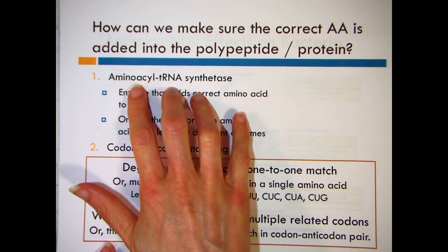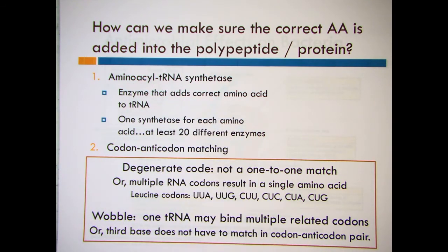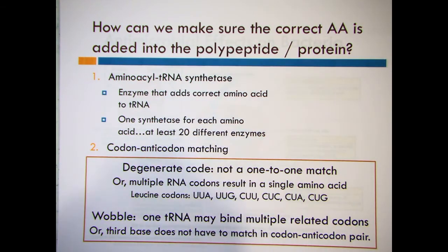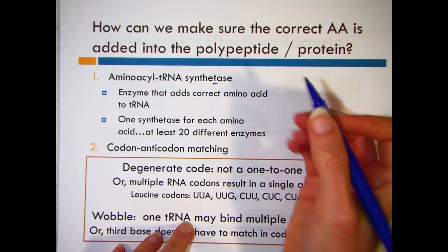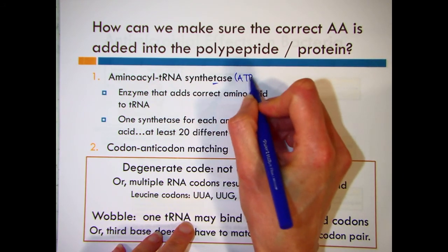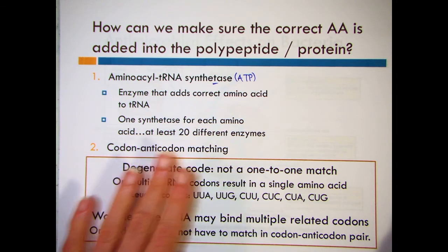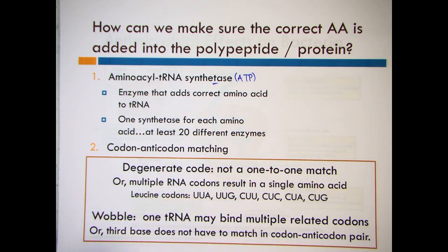The first is with the attaching of the amino acid to the transfer RNA to begin with. And as a reminder, this is done by the aminoacyl tRNA synthetase, which, as a reminder, requires ATP. There is one synthetase for every amino acid, and all of the tRNAs that will match that amino acid will fit into that same synthetase.